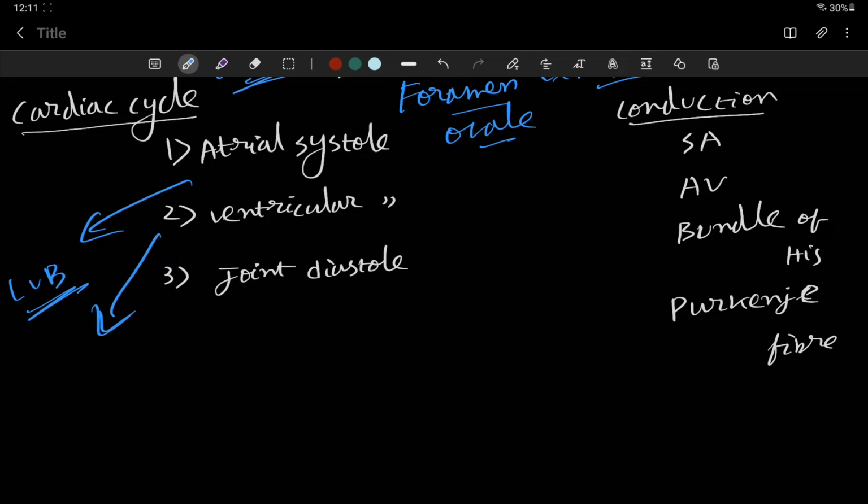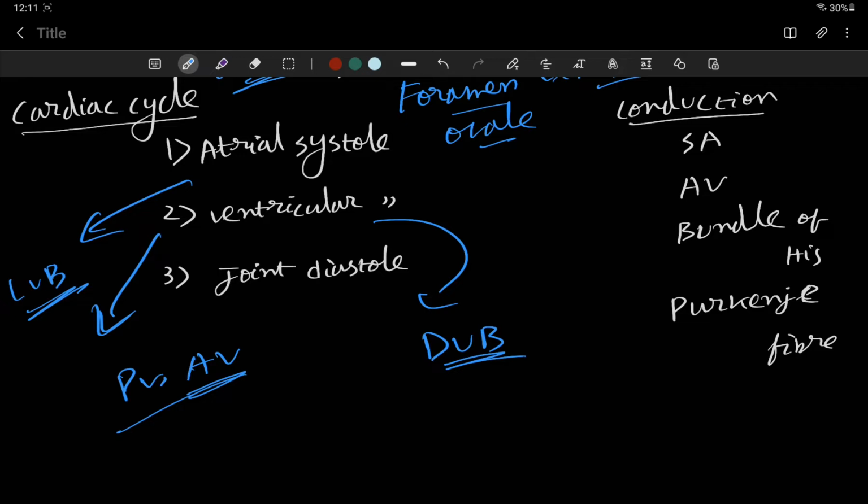Just after the ventricular systole is done, the semilunar valves, that means the pulmonary valve and the aortic valve, will close, and it will produce the second sound of the heart, that is called dub. After that, the atrium is already in diastole. The atrium at first performs systole, then the AV valves close.